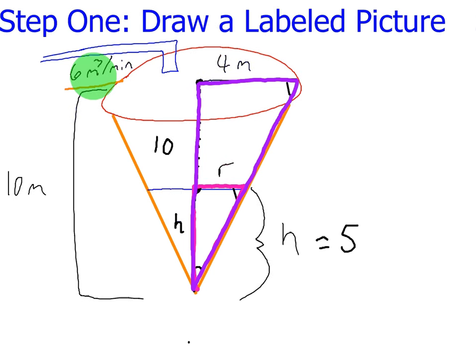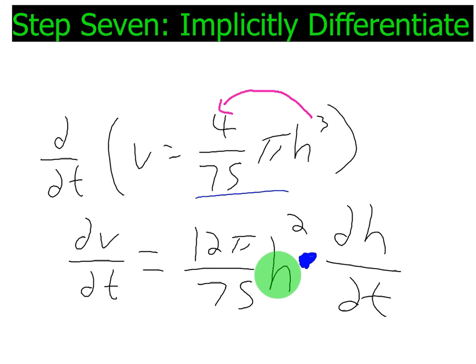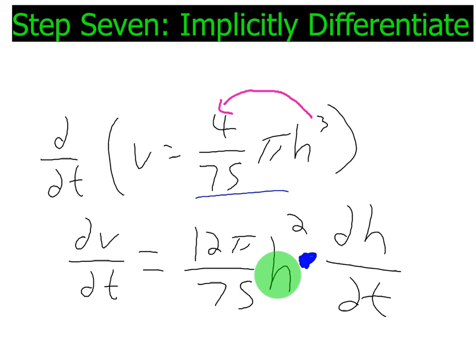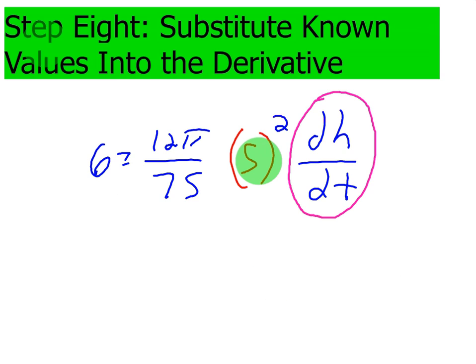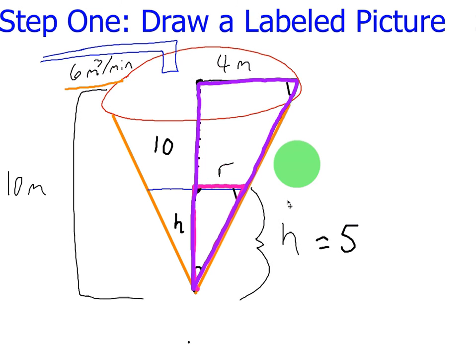Okay, let's look at example 3. We have the water filling into a conical tank here. For step 7, we had this. For step 8, we were able to plug in 5 for H. So 5 represents the height of the water at that particular given time.